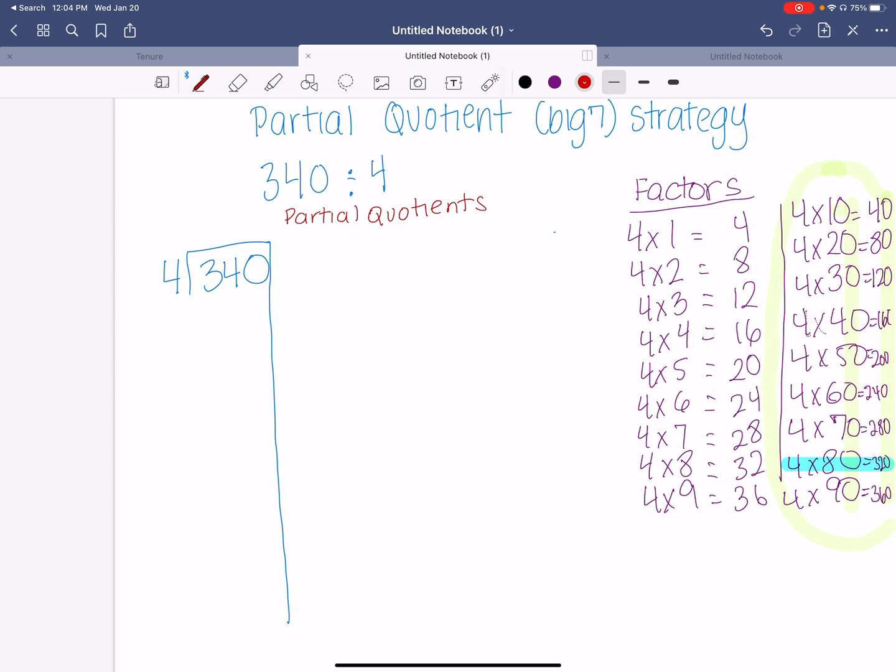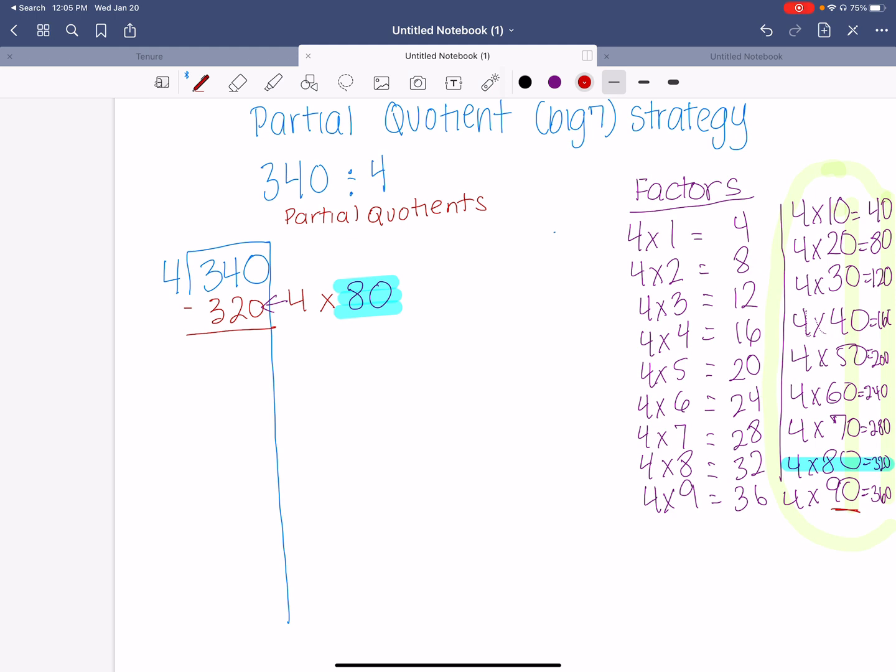So I'm going to, remembering, write our equation so that we remember. And I'm just putting this in a different color so you can see that that is my partial quotient. So I'm writing my answer on this side, and it's going to be 320. Now, I didn't do 90 because that's 360. That's too big. We want a smaller number. We don't want to go over.